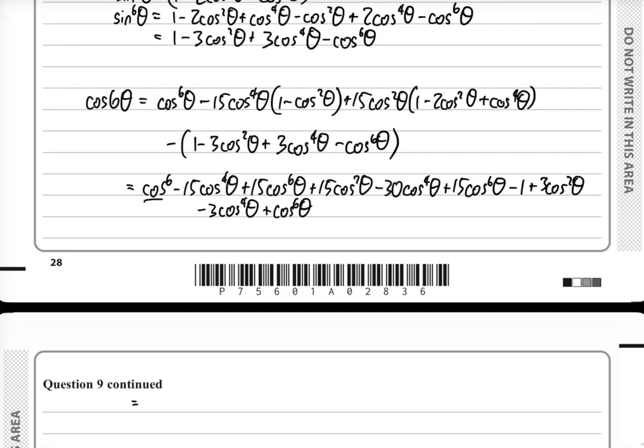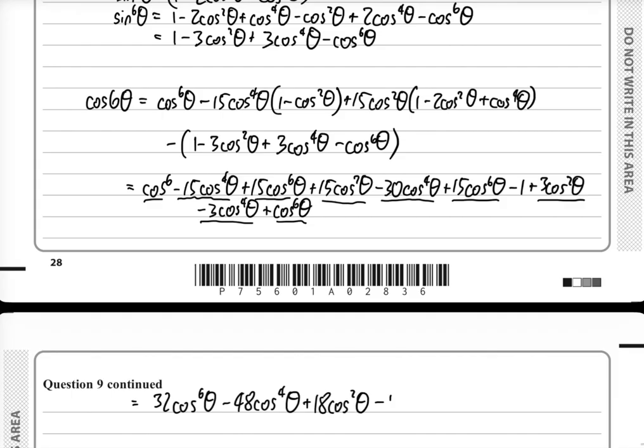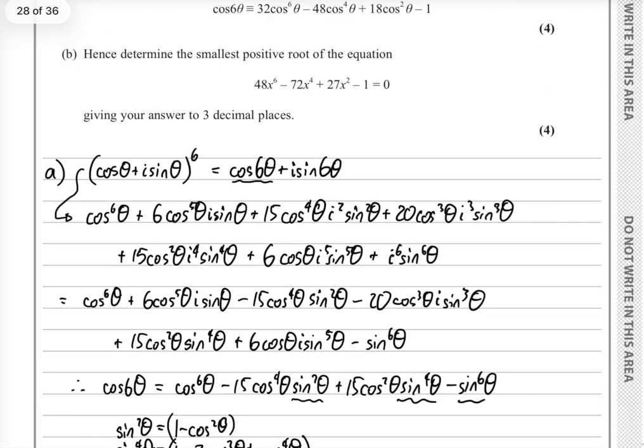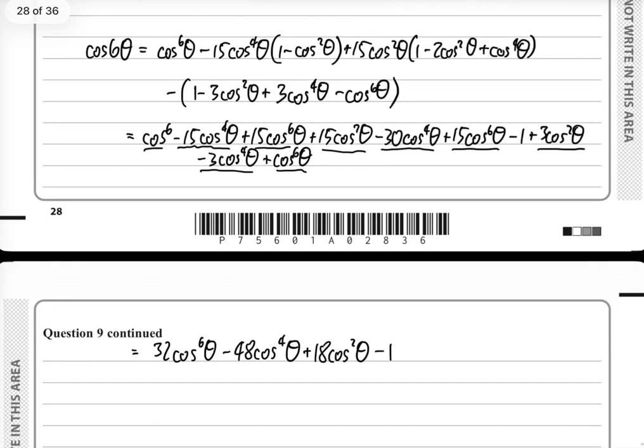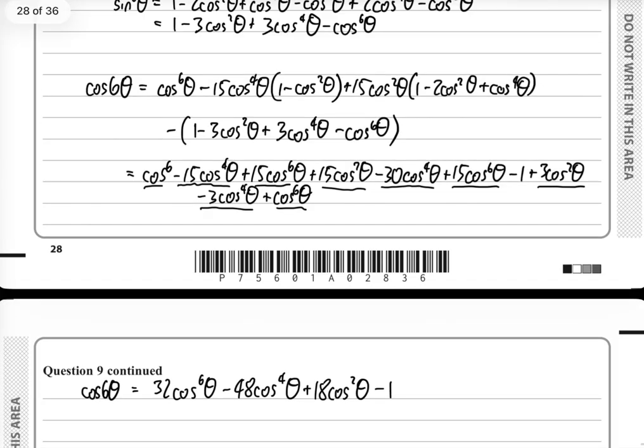We've got 1, 16, 17, 32 cos^6, minus 15, minus 45, minus 48 cos^4s, 15, 16, 17, 18 cos squareds, and a minus 1 stuck on the end. Does that match? 32, minus 48, 18, minus 1. It does, yeah. Okay, no silly mistakes made.